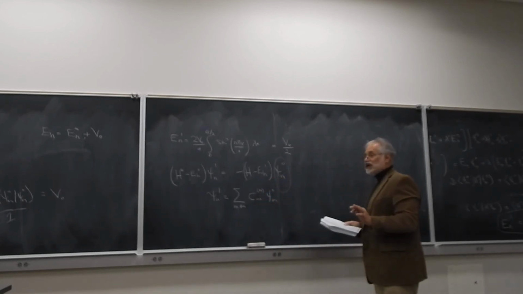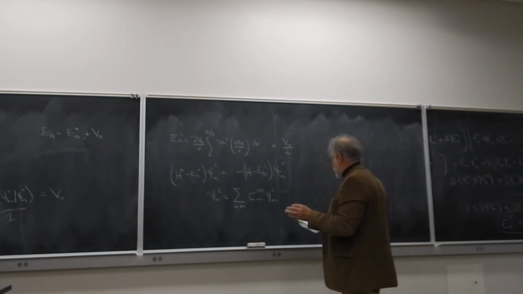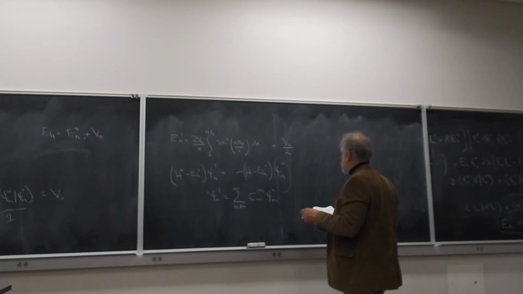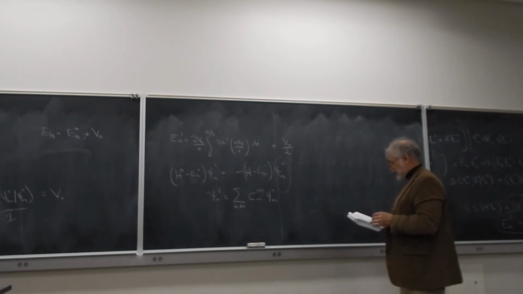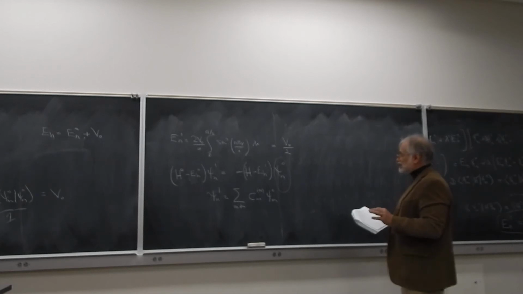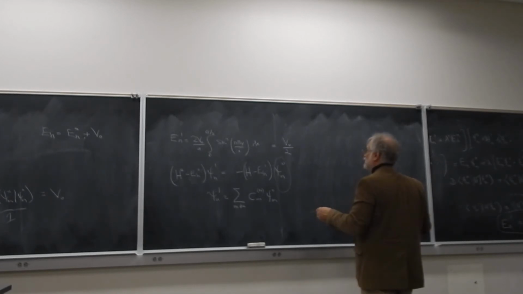We don't need to include m equal to n in the sum, because if ψn1 satisfies the equation, then so does ψn1 plus some constant times ψn0. So what this allows us to do is subtract off the ψn0 term. All we need are the cm's.